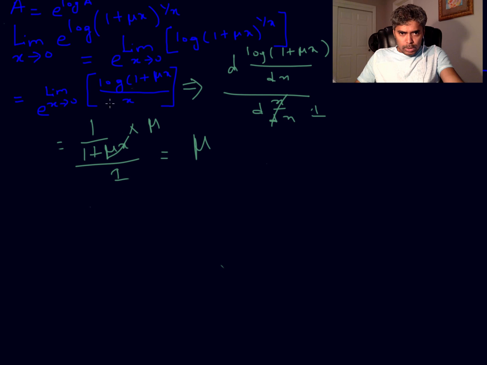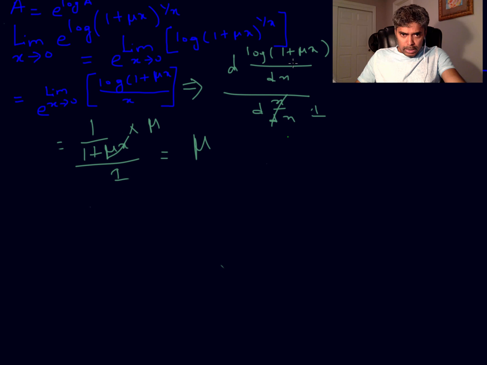So what I'm going to do is differentiate on both sides. Before that, this can be rewritten as log of 1 plus mu x divided by x. And now I'm going to differentiate on both sides. Then this becomes the derivative of log of 1 plus mu x divided by dx, and dx by dx becomes 1.